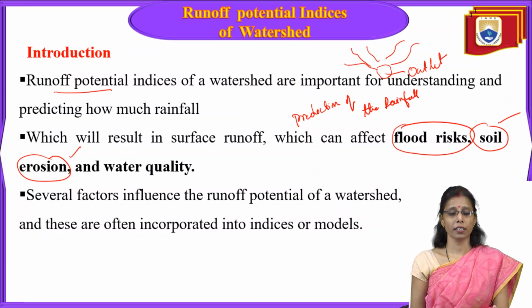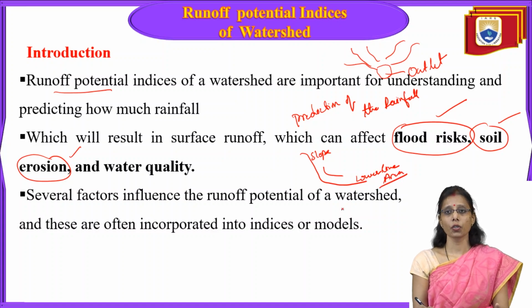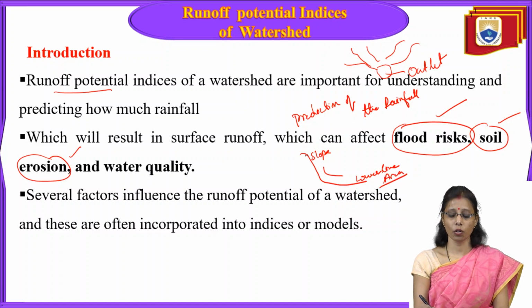The second thing is the chance of flood risk. How is there a chance of flood risk? Consider the slope area and the low-lying area. Whenever rainfall occurs on the slope area, the runoff will be more.